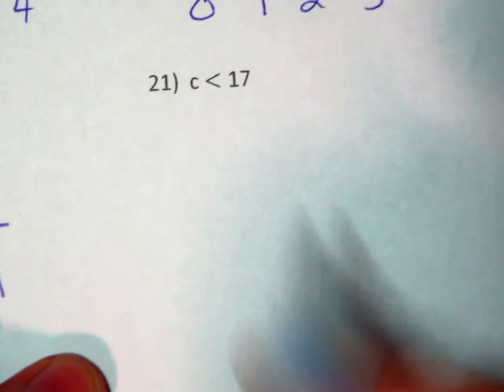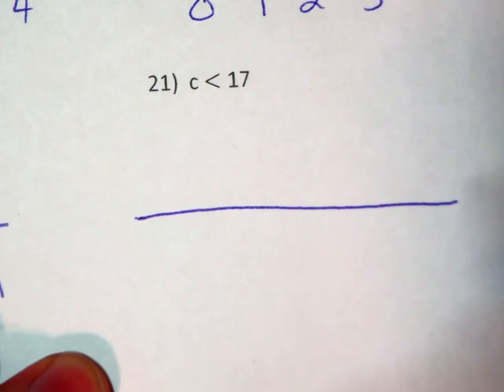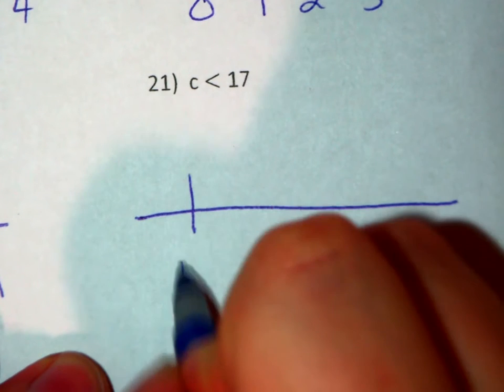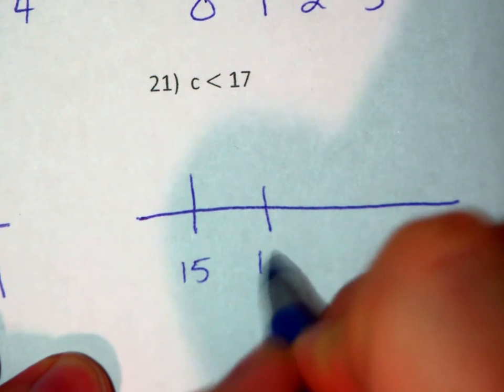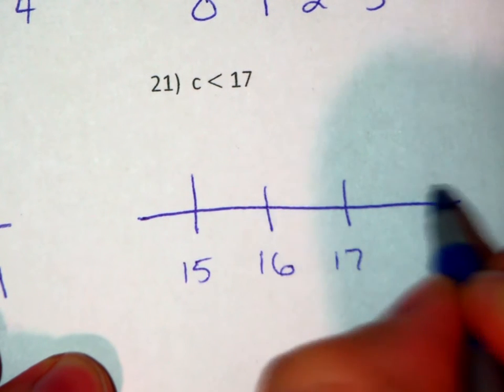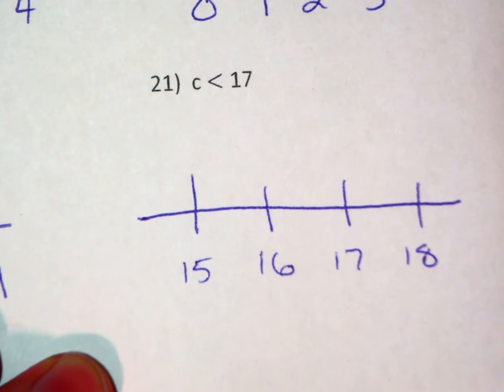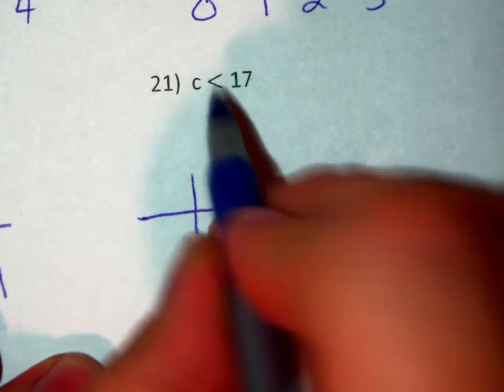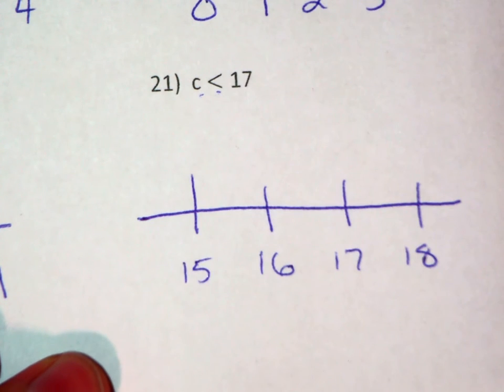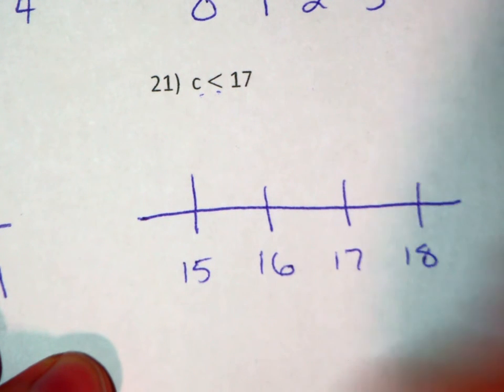C is less than 17. This one will be very similar. I'm going to start at 15, 16, 17, 18. And C is less than 17. So 17 is not an included value, but I need to reference 17 as the starting point.